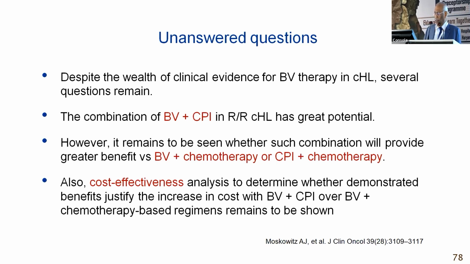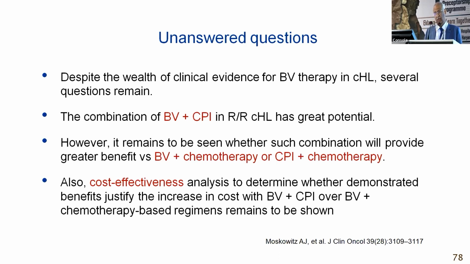The advantage of BV with CPI versus BV with chemo or CPI with chemo, probably it will be many years before you can be very clear about it. And again, what cost analysis has to be done, because these are all expensive molecules.